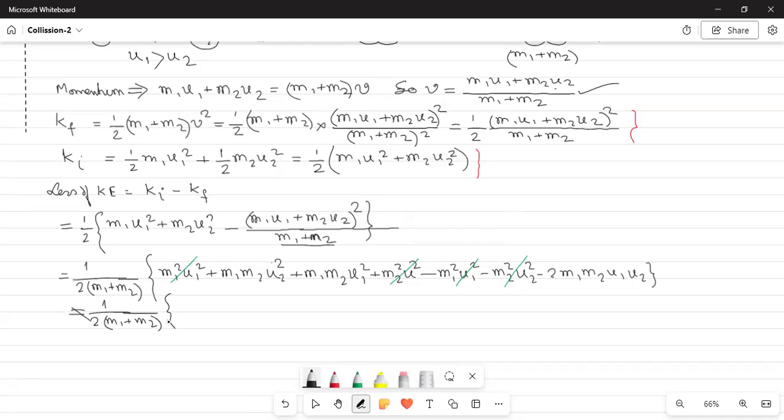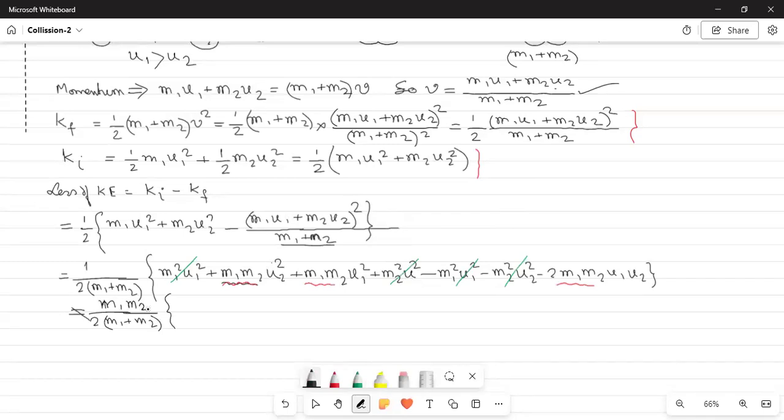I have M1, M2. Now, this M1, M2, what is left to it? You see, always there is M1, M2. So what I would propose, I would take M1, M2 outside.